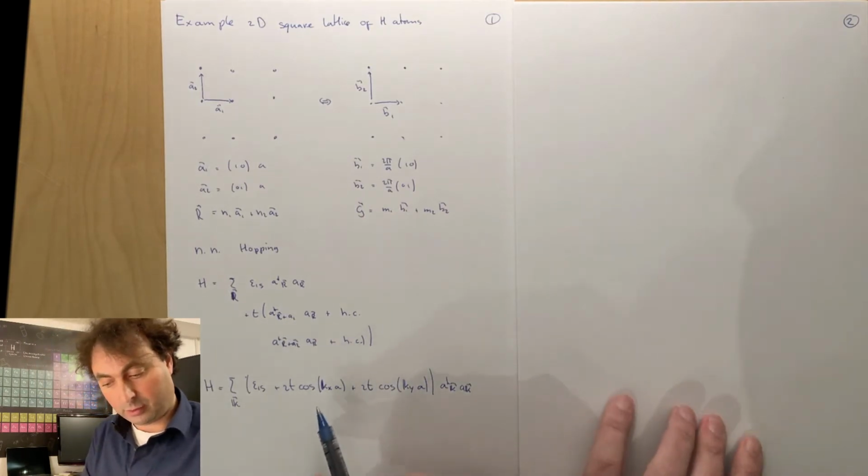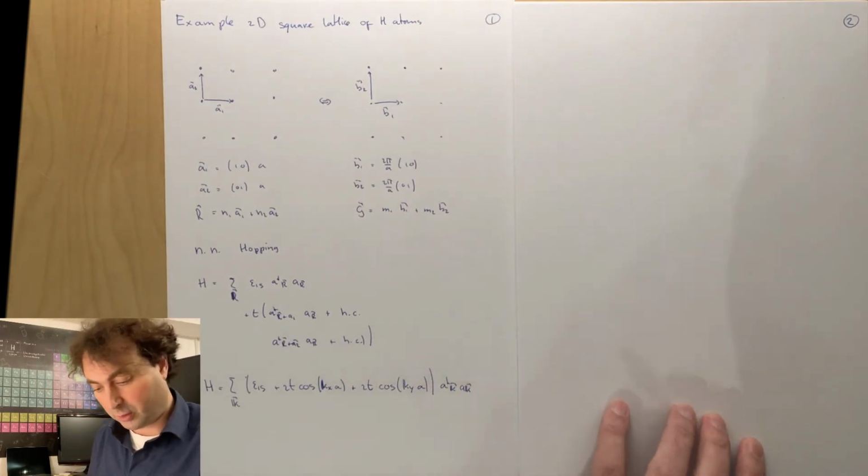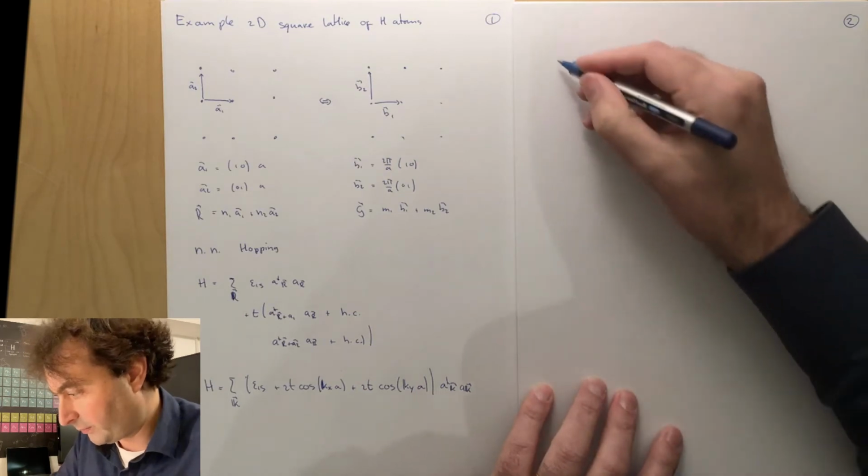So we get a cosine dispersion in the x direction and a cosine-like dispersion in the y direction.